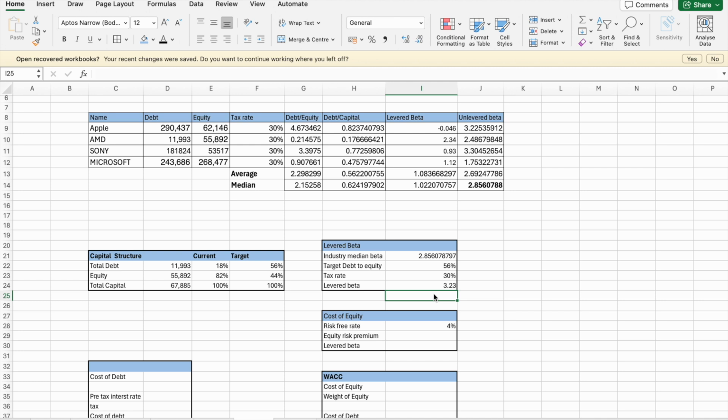You can see it is now 3.22, from 2.85 to 3.22, as we have considered the effect of the debt. So the beta is obviously going to increase. This is the actual beta, and this is how market analysts work to get that beta, and I think this is the proper way of doing the beta.